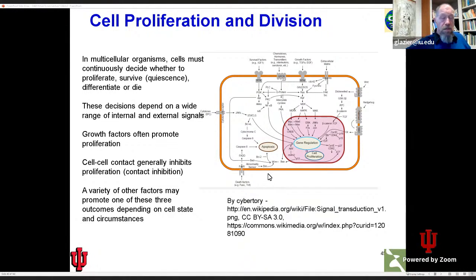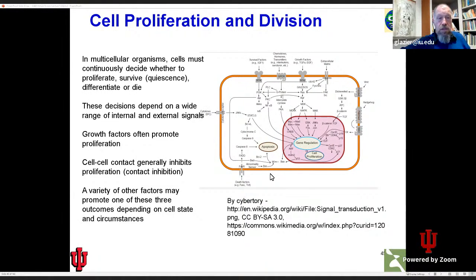So one of the key things that cells have to do biologically in order to build multicellular organisms, and even some unicellular colonial organisms, is they have to decide whether they're going to proliferate, that is, grow and divide, sit there and survive, it's often called quiescence or arrest, change their identity in some fundamental way, change their type, which is differentiation, or die.